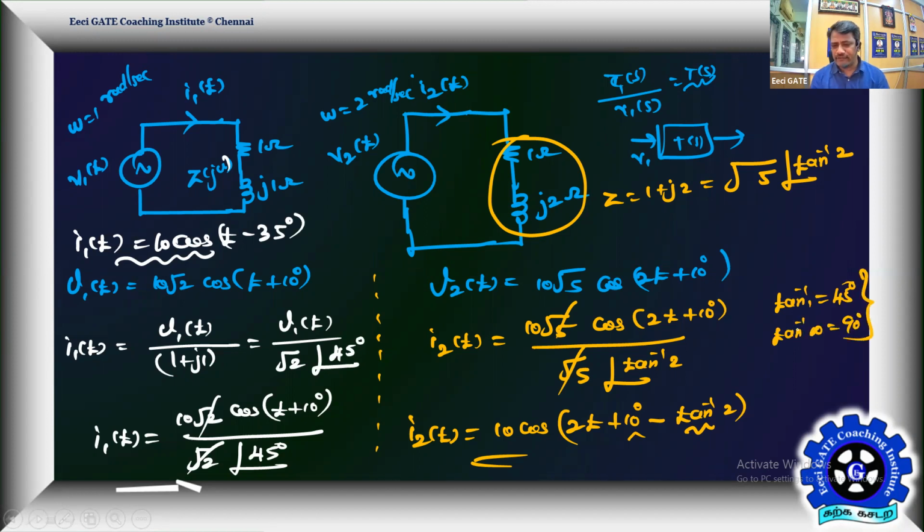So tan inverse of 2 is something around 60 or 70, but we don't have a calculator in the exam. Our angle falls between 45 and 90, so 10 minus more than 45 means the phase shift should be more than 35 degrees. That's what we expect.